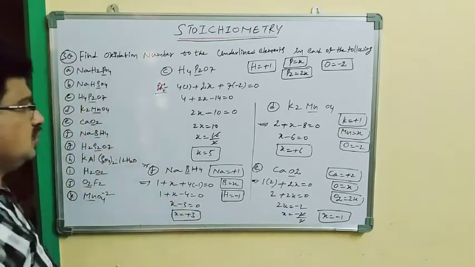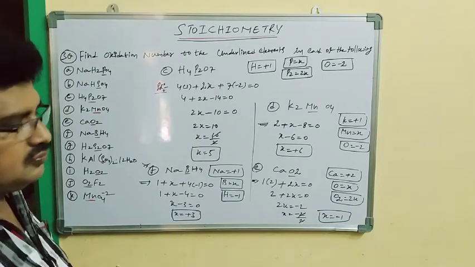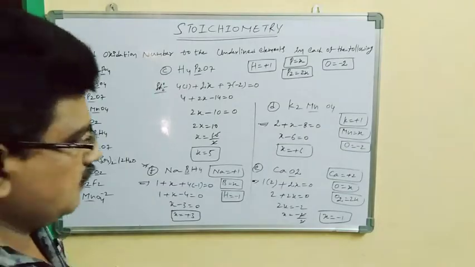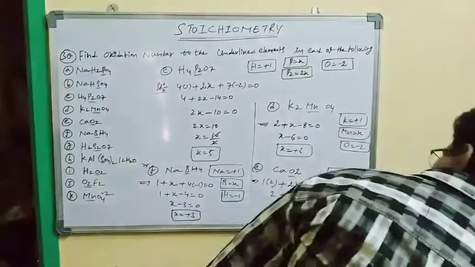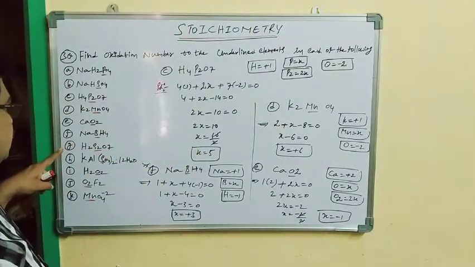The oxidation state of boron in sodium borohydride is +3. So copy this. Up to here F is completed. Now I am going to explain G.